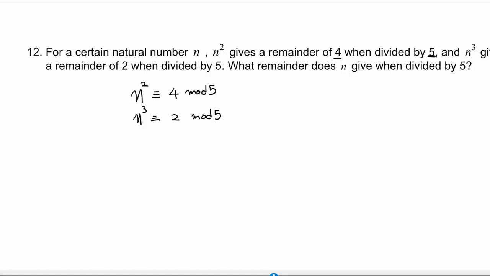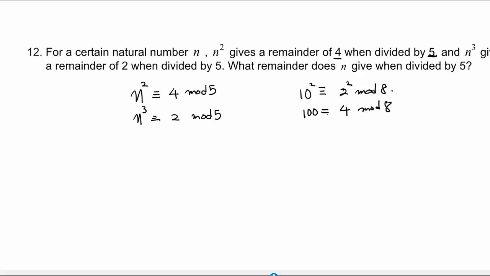Okay, can you figure out if you have this one? 10 equals 2 mod 8. This is true, right? When divided by 8, the remainder is 2. You can square it. Then 100 equals 4 mod 8.